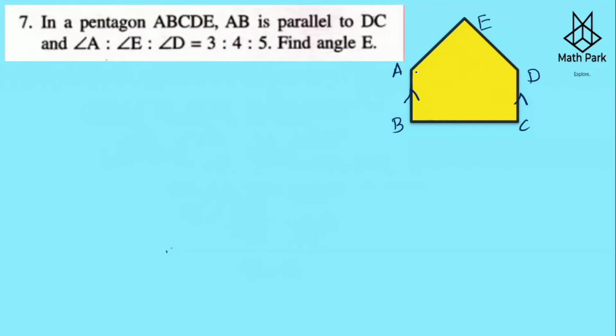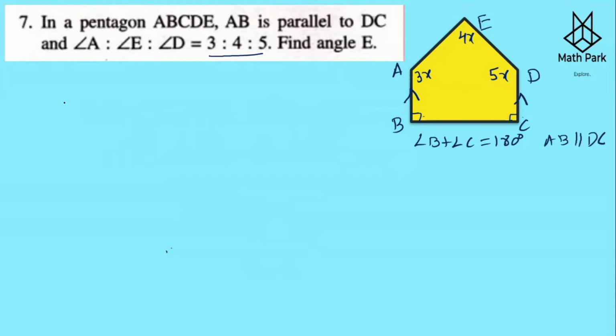So let angle A be 3x, angle E be 4x, angle D be 5x according to this ratio. Since the lines are parallel, the co-interior angles are supplementary, so angle B plus angle C is equal to 180 degrees. The interior angles on the same side of the transversal are supplementary.